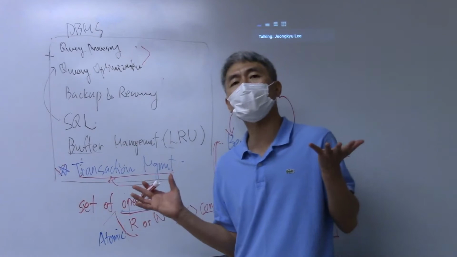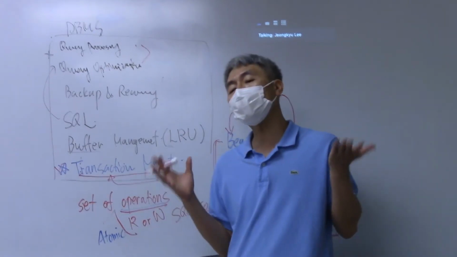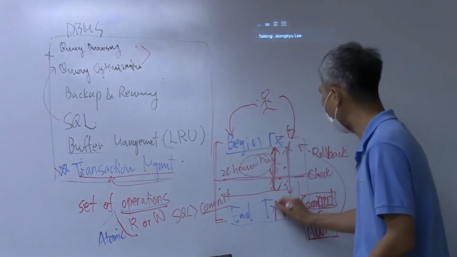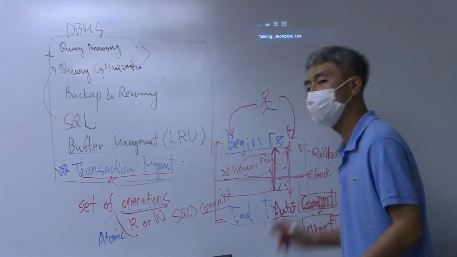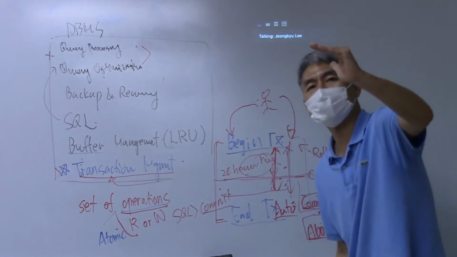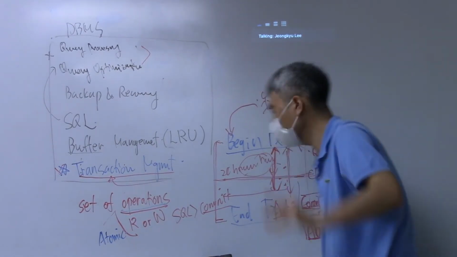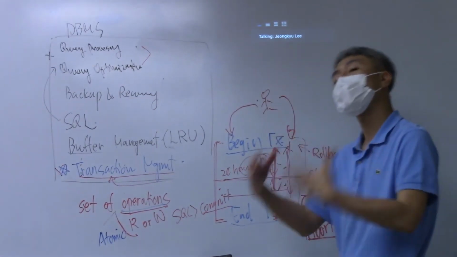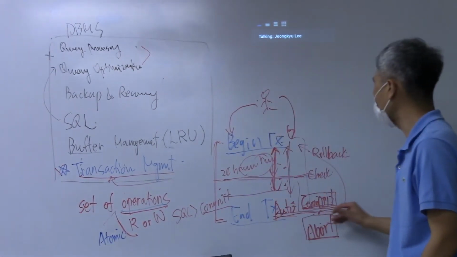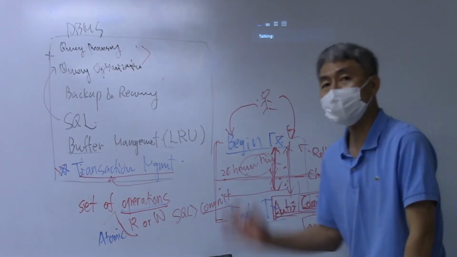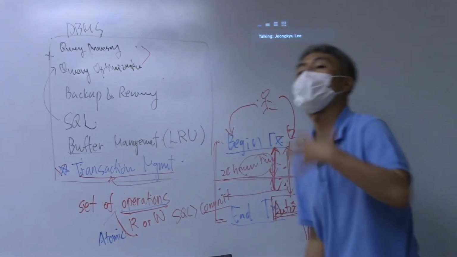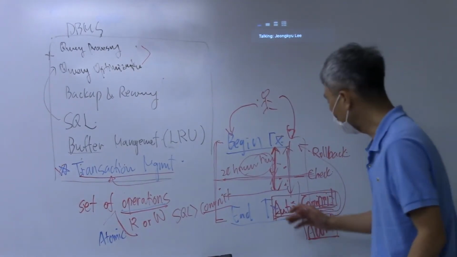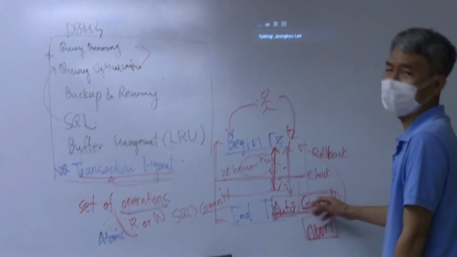However, I never use the commit because many DBMS and database programming support auto-commit. If your program ends successfully, then it automatically commits, because that's our intention for the program. So it's called auto-commit. That doesn't mean that you don't need a commit. Yes, you still need a commit. The only difference is you may not realize.